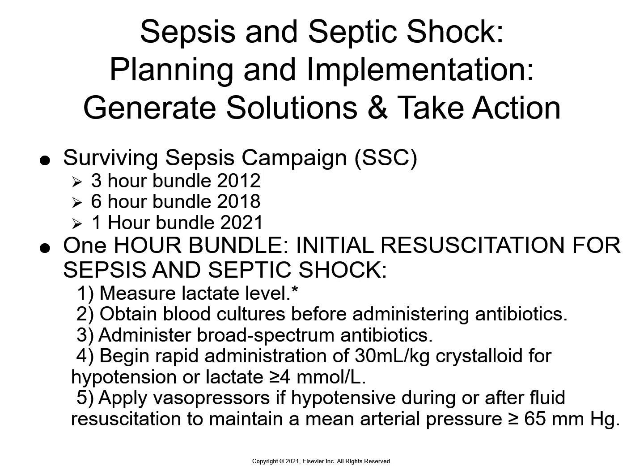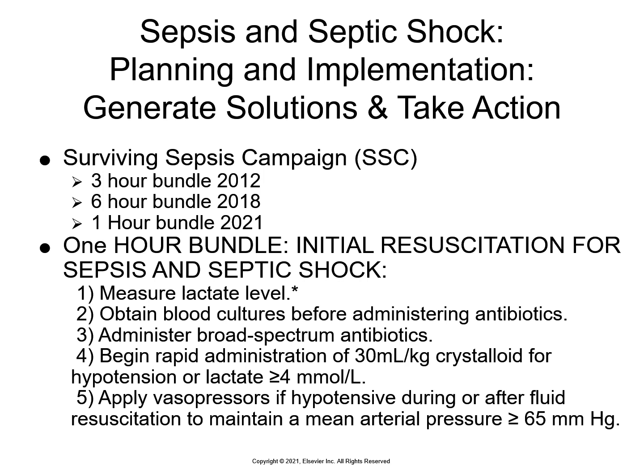The lactate level should be measured first, then obtain blood cultures before administering antibiotics, and then administer the antibiotics and begin a rapid administration of 30 milliliters per kilogram of crystalloid for hypotension, or for a lactate of over 4.